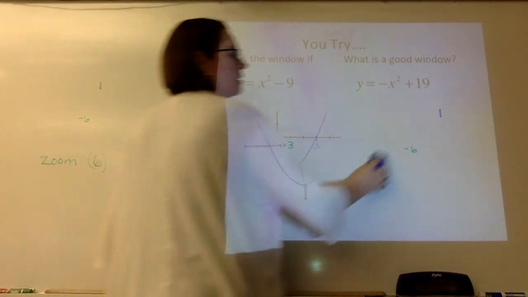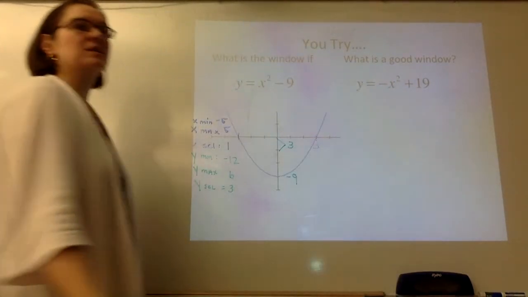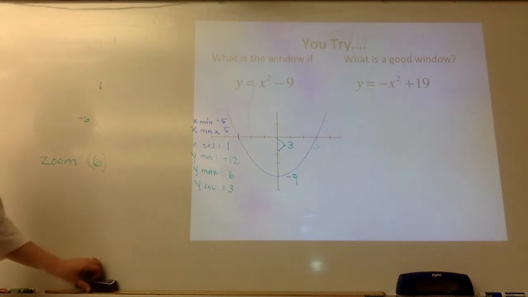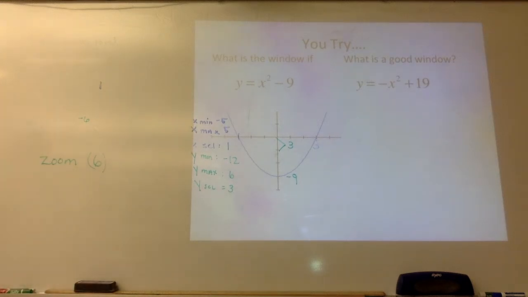What is a good window? Go ahead and graph negative x squared plus 19. Is it the standard? Is it something else? That's what you're basically looking at by using your calculator.